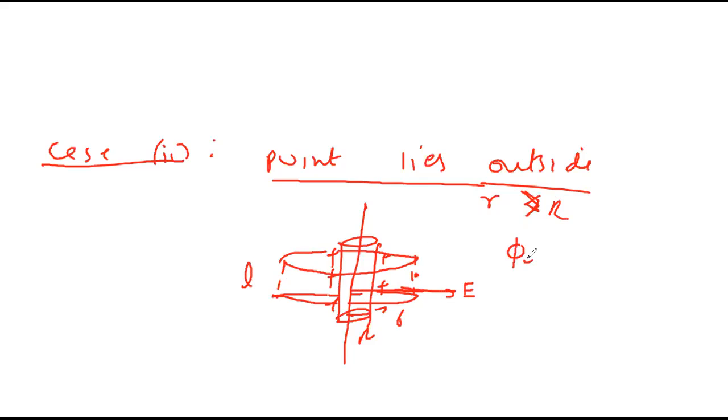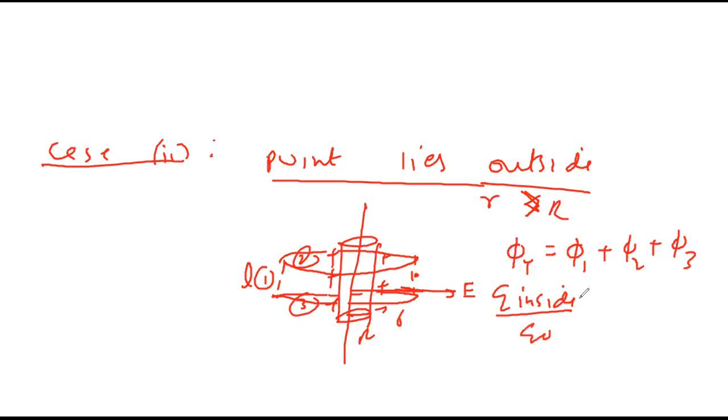So total flux will be flux phi 1 plus phi 2 plus phi 3. 1 means this curved surface, 2 and 3 are the upper and bottom plane surfaces. This is nothing but total charge inside upon epsilon naught. Flux of the plane surfaces will be 0, plus E bar dot dA bar, that is nothing but E dA cos 0.